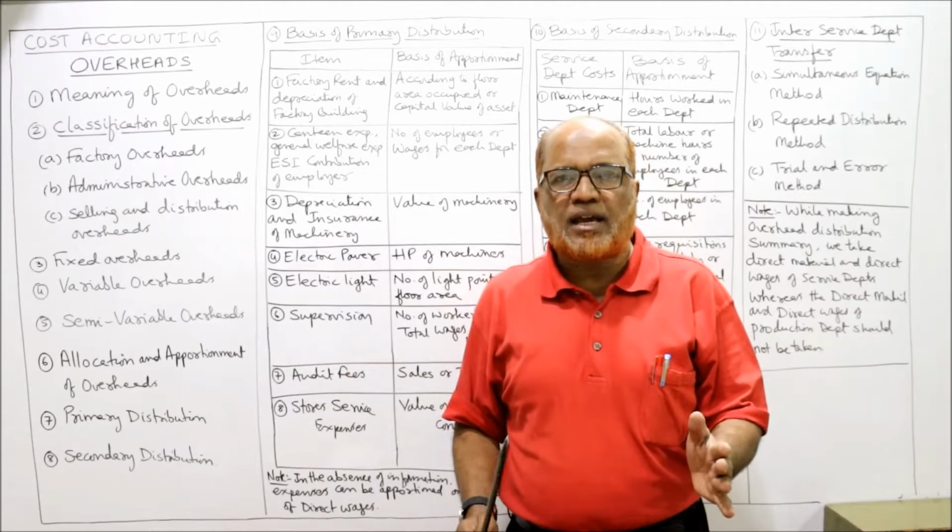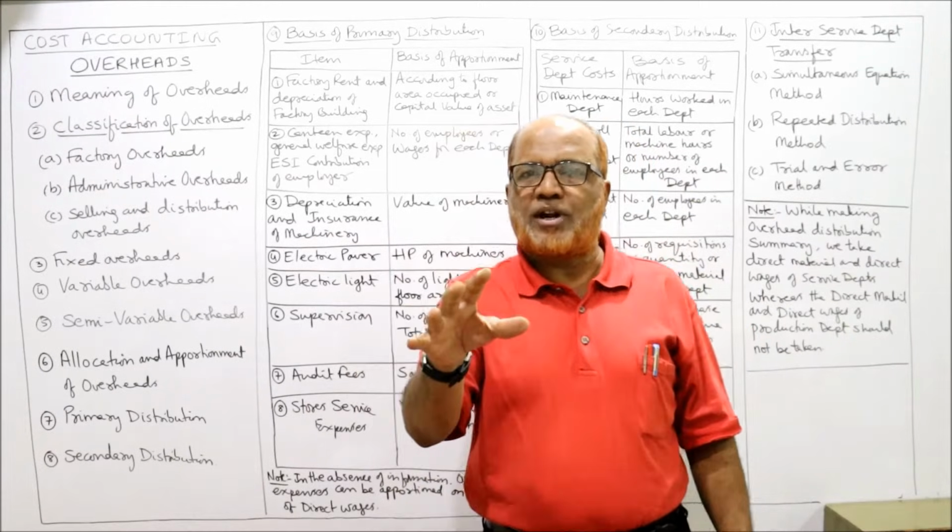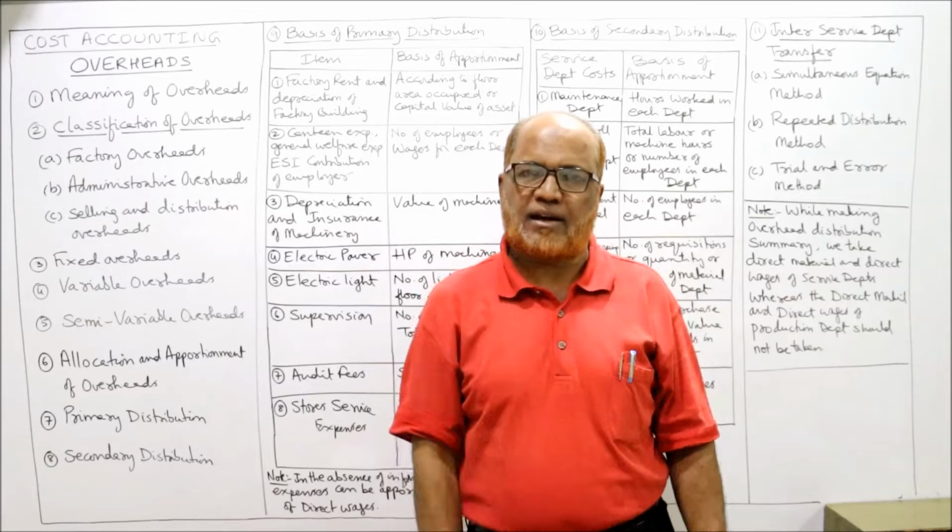In simple words, I can say like this: the total cost of production can be divided into direct cost and indirect cost.